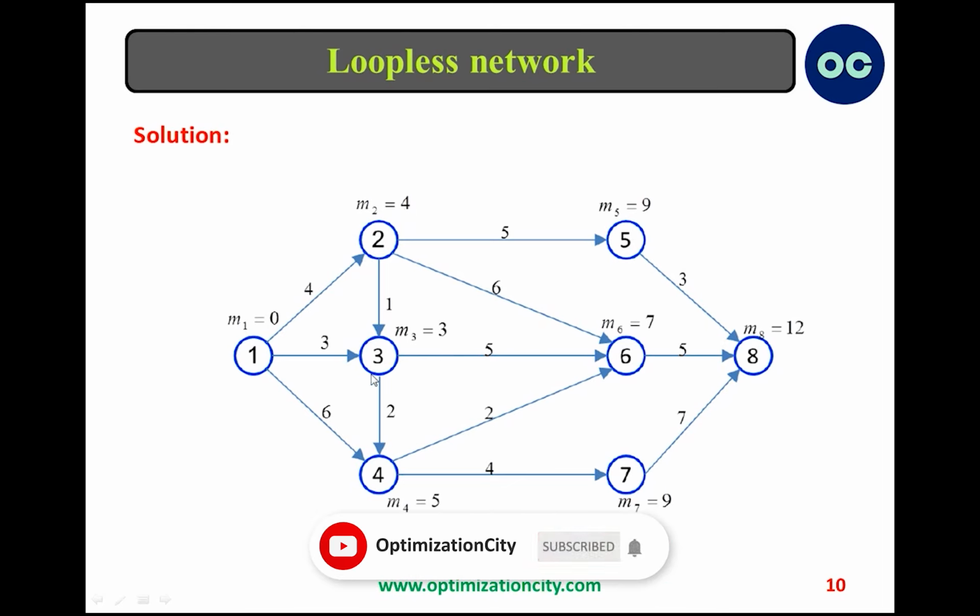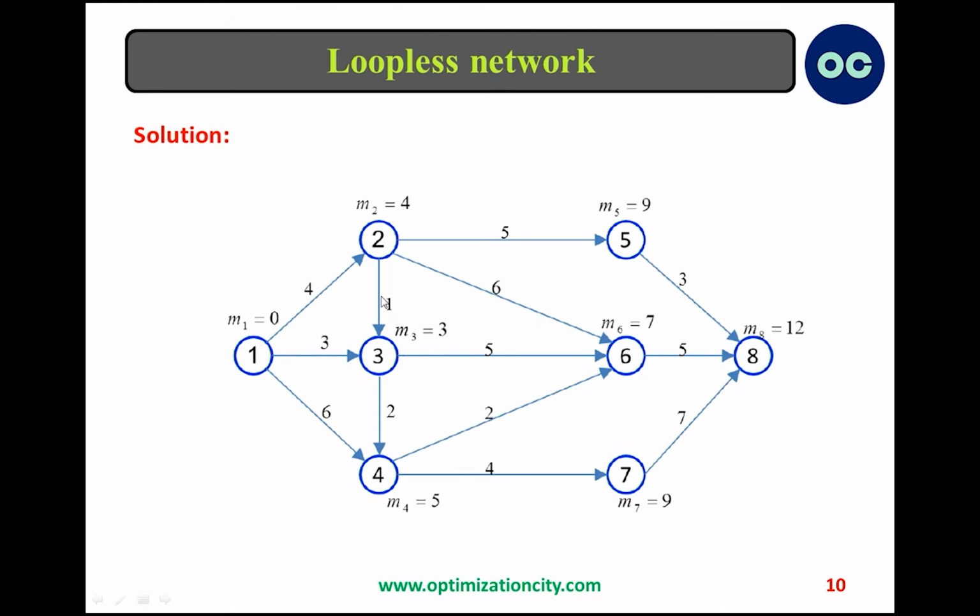Moving on to node 3, we have two paths to reach this node. We need to consider both paths. This is path 1 and this is path 2. So for M3, we have two options for calculating it.